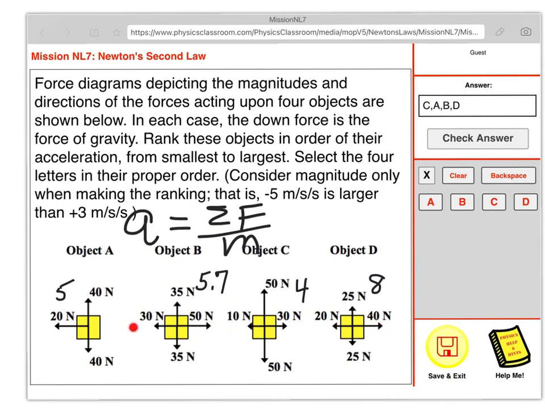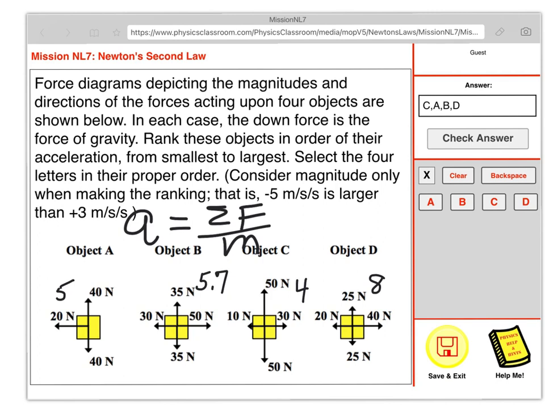So since all of the net forces are 20, the accelerations are going to rank inversely according to the mass, because the net force is 20. So if we want to go from smallest to largest, we go from the largest mass to the next largest, to the next largest, to the least large.